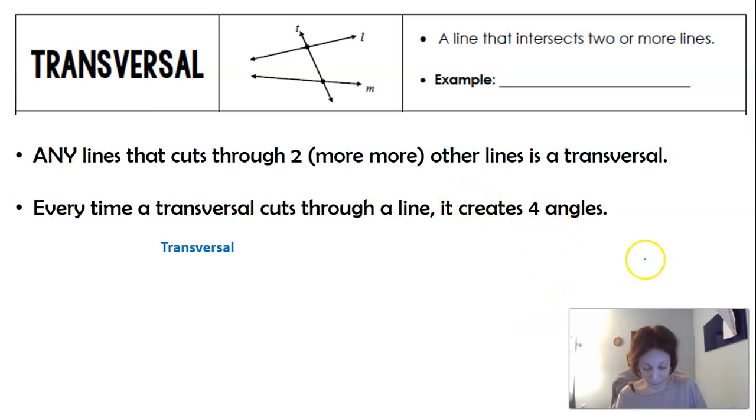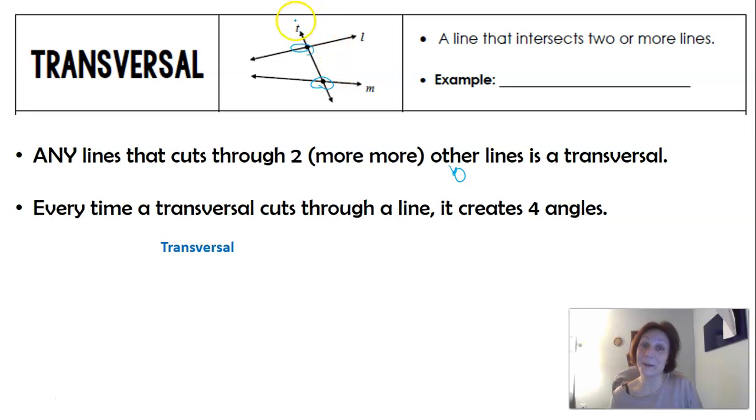Okay. So in this picture, there are 3 lines here. There's line L, there's line M, and there's line T. Only one of them is a transversal. And you might be able to figure it out based on the letters. Geometry mathematicians think they're so clever. Okay. Notice here, line L, if you follow it, only crosses through line T. Line M, if you follow it, only crosses through line T. Those aren't transversals.